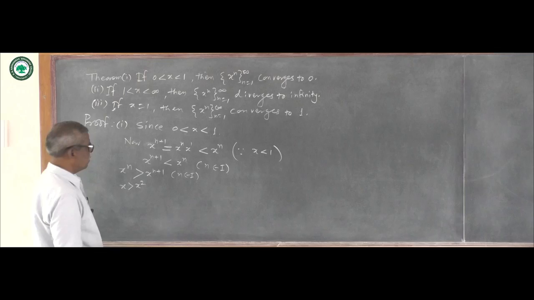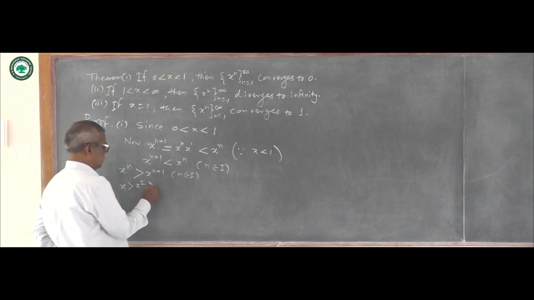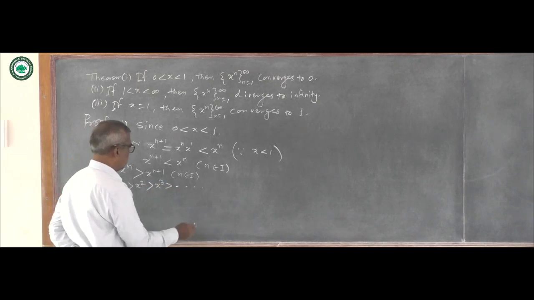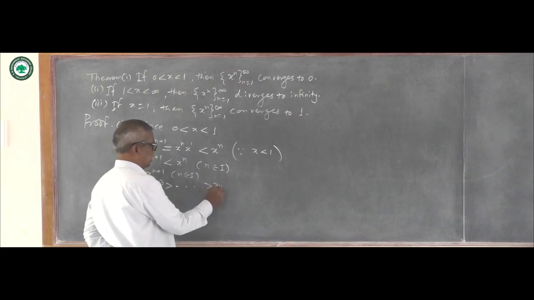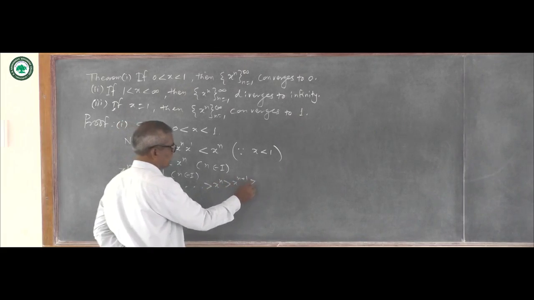If we put n equal to 2, we obtain x raised to 2 is greater than x raised to 3, and so on.